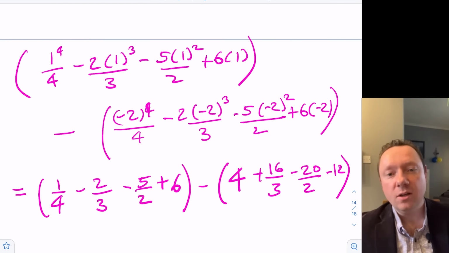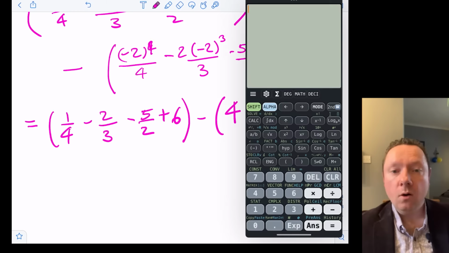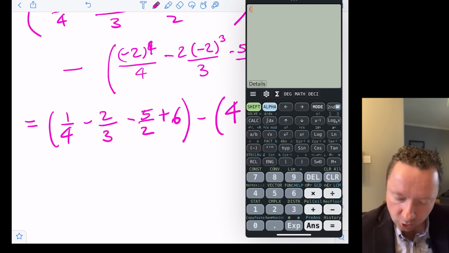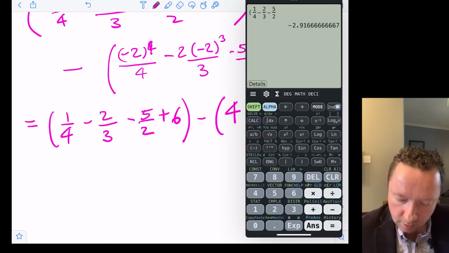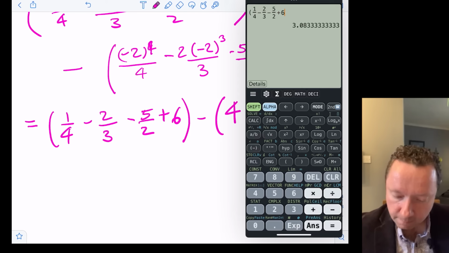So now it's calculator time if you've not got me already. Okay, calculator, fraction, brackets and fractions. So you open a bracket, use your fraction button, 1/4 minus, make sure you use the arrow if you have to, minus 2/3 minus 5/2 plus 6. So there's my first bracket.